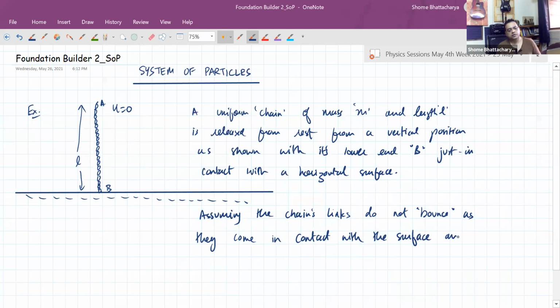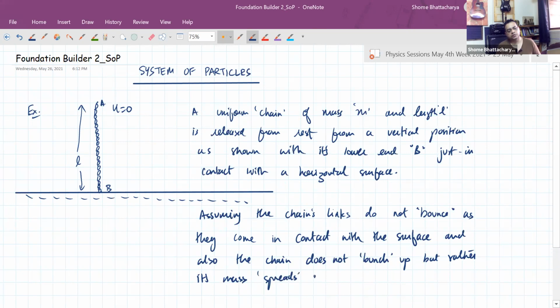and also the chain does not bunch up, but rather its mass spreads uniformly on the ground.